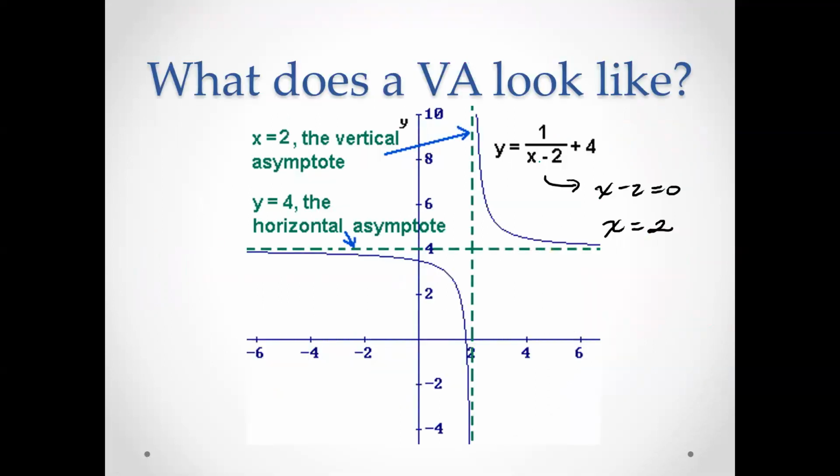So let's take a look at this graph, 1 over x minus 2 plus 4. If I set the denominator equal to 0, my vertical asymptote will be x equals 2. Here is your vertical asymptote. As you can see from the blue graph, they do not touch the line where x is equal to 2.